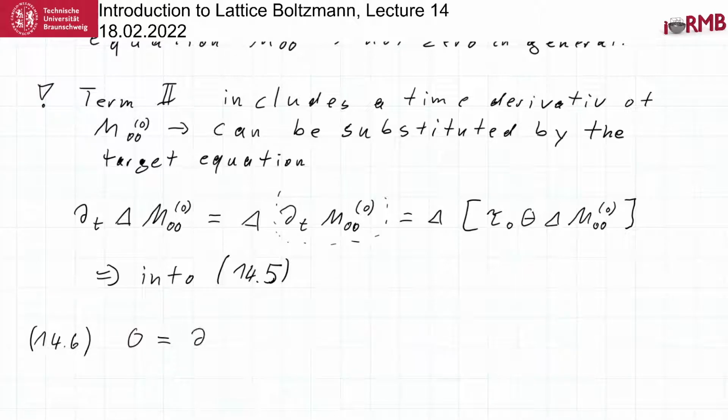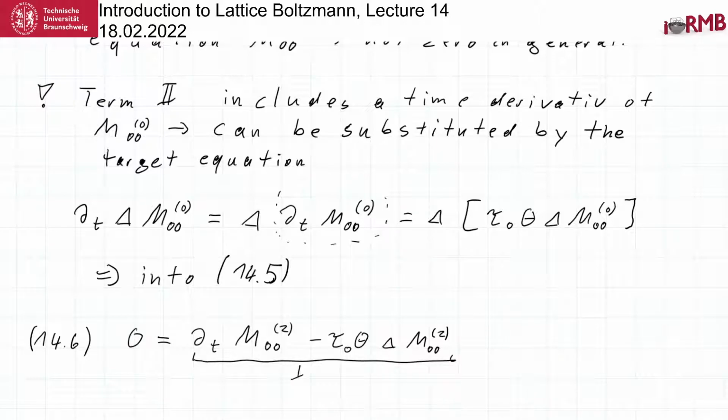So we have 0 is equal to the time derivative of the leading order error minus tau odd theta Laplacian M00 of the leading order error. So this again is our term number 1, which I have not changed.